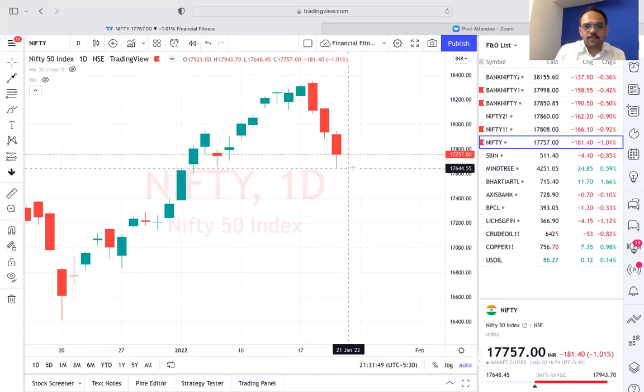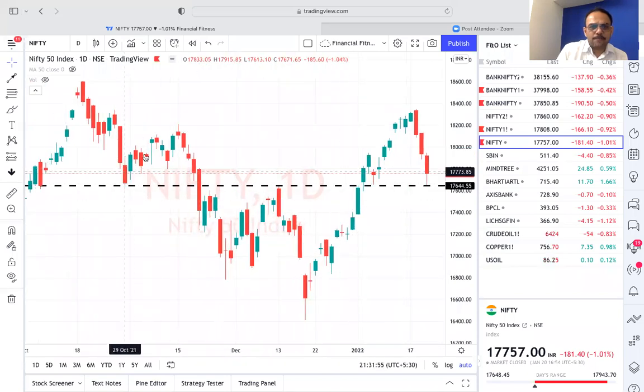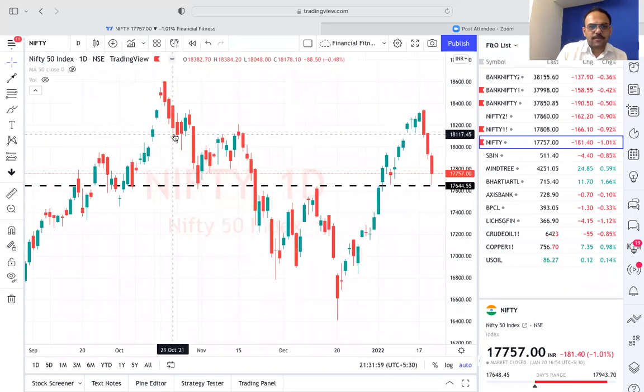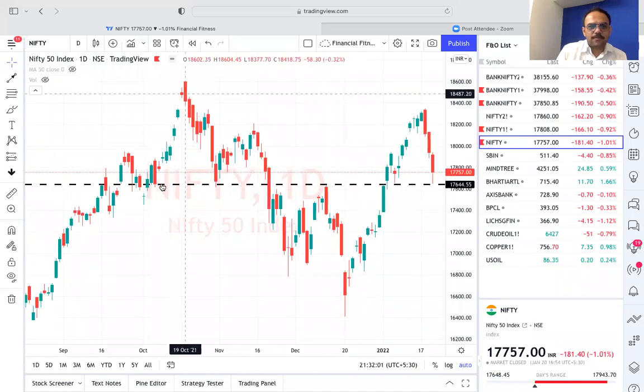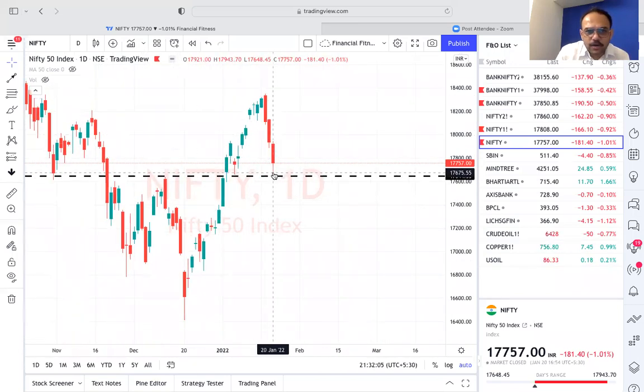Let's draw one line here and see what has happened in the past. See, in the past it has gone up from here. It has gone up from here, right? It has gone up from here. Today also it has come down till this point, and the bulls started reclaiming their ground.